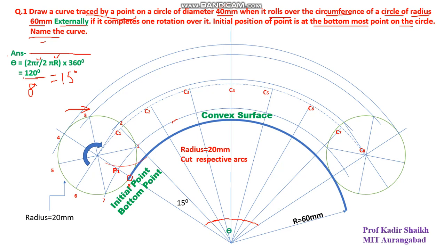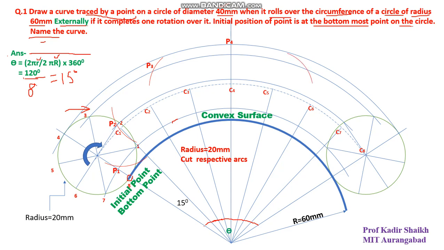Then with the same radius of 20 mm, which is the radius of the smaller circle, but now with C2 as center and cutting the angular projector passing through point number 2, that is projector number 2, we will get P2. Then follow the same procedure for C3, cutting 3, you will get P3. C4 cutting 4, it will be tangent to 4, you will get P4.